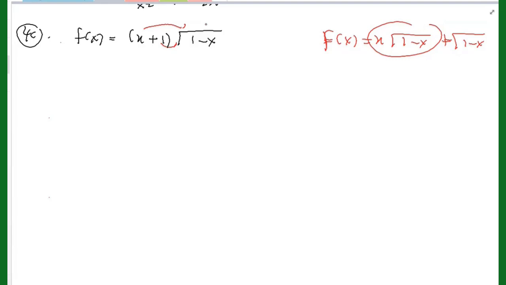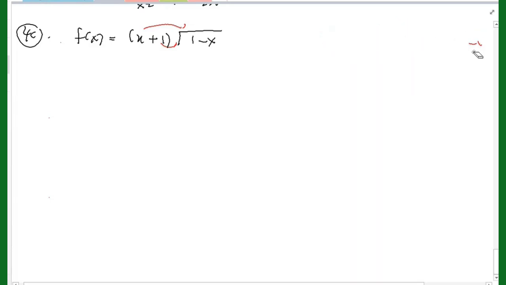Let's discuss and revise the product rule. First check: this is a function, one function multiplied or divided by another. So this is uv. y equals uv, y prime equals u prime v plus u v prime.